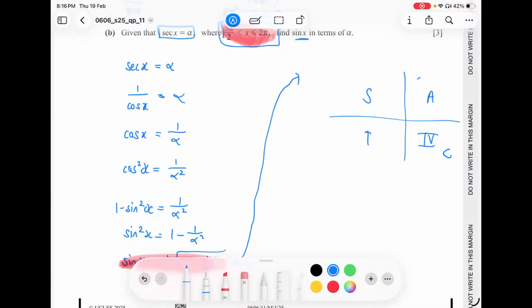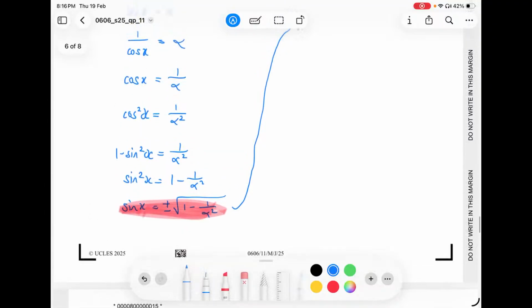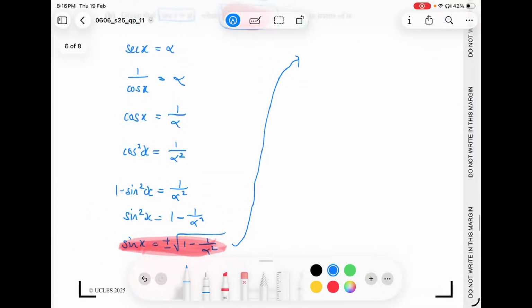In the next only sine is positive, and at quadrant 3, the tangent is only positive, and here it's only the cosine positive. Since they're asking about the sine x, we need to consider only the negative values.